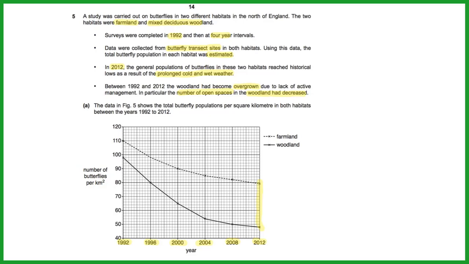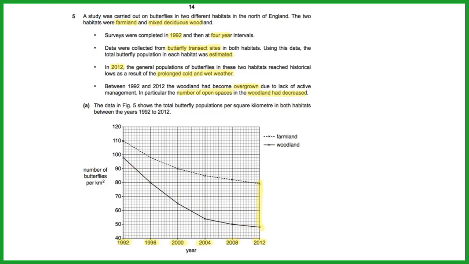You're getting a different number of niches. Understory plants are becoming overgrown. There's a lack of open spaces. So perhaps you're having fewer different niches within the woodland, which may lead to the decline of species that you see in the woodland here.